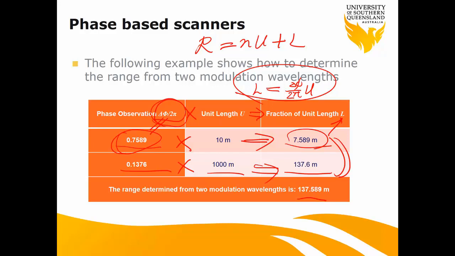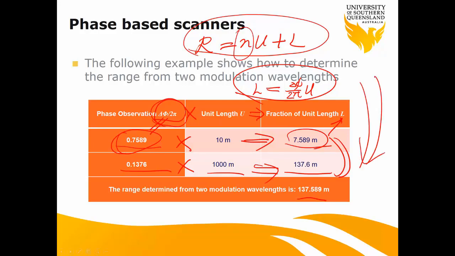So the final formula from the previous slide we already know: the range is like this, ambiguity number plus the fraction. From this example, you can see we actually didn't measure the ambiguity number. We only consider this, but from two different modulation waves.